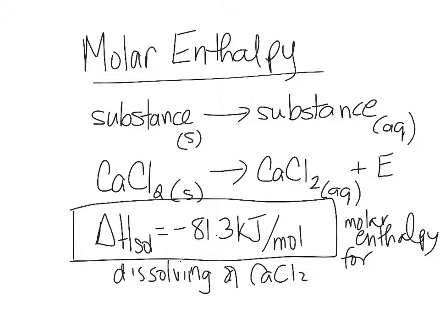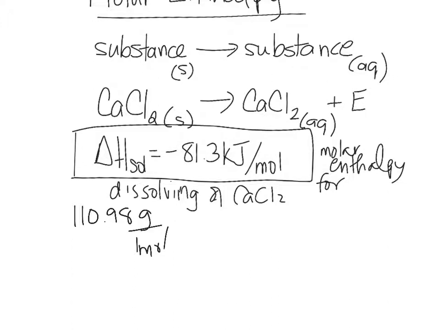What was the mass? So, 81.3 kilojoules per mole, or 81.3 kilojoules per 110.98 grams. So how much heat you actually release will depend on how much of that substance you use.